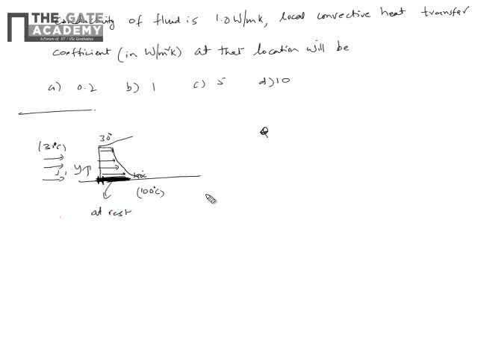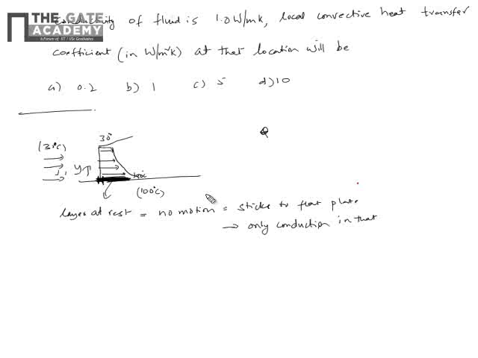That layer is at rest, with no motion because it sticks to the flat plate, and thereby there is only conduction in that layer, because convection is conduction plus fluid motion, but that immediate layer doesn't have any motion.